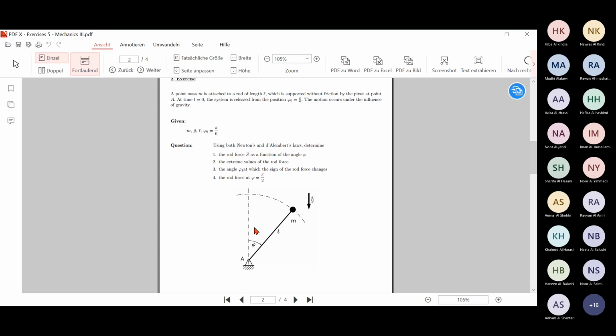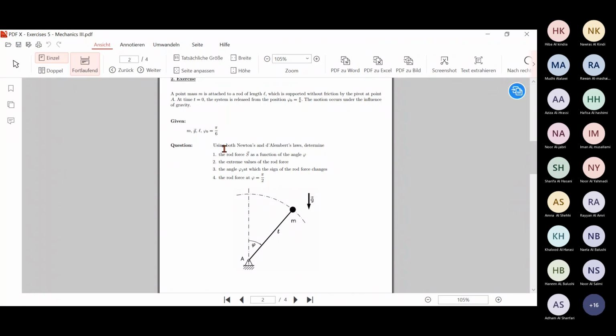At time t equal to 0, the initial state, the system is released from the position phi0 equal to pi divided by 6. That means at 30 degrees, and the motion occurs under the influence of gravity.